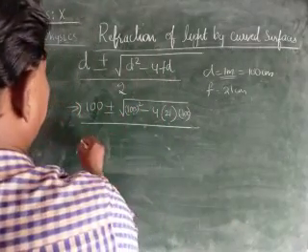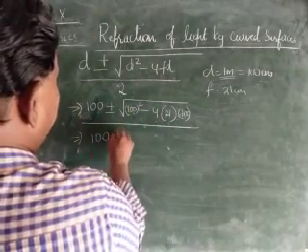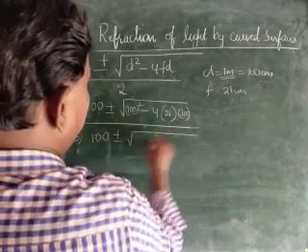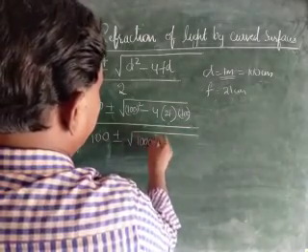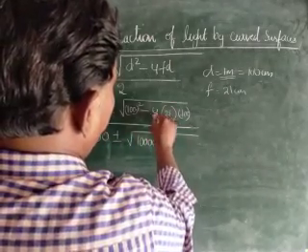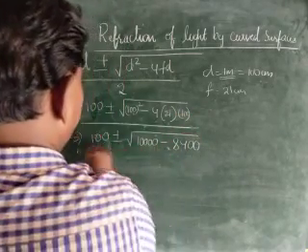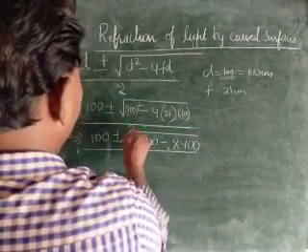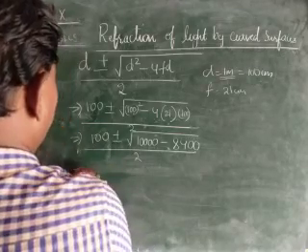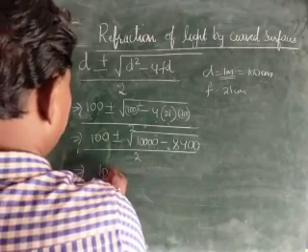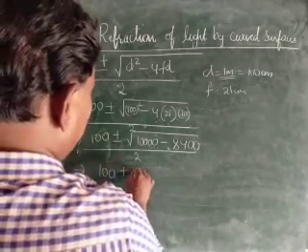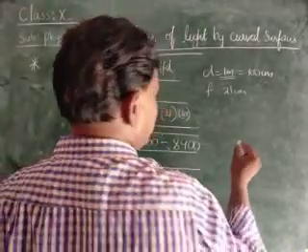Therefore, we get 100 plus or minus square root of 10,000 minus 4 into 21 into 100, that is 8400, by 2. Here we get 100 plus or minus root of 10,000 minus 8400.